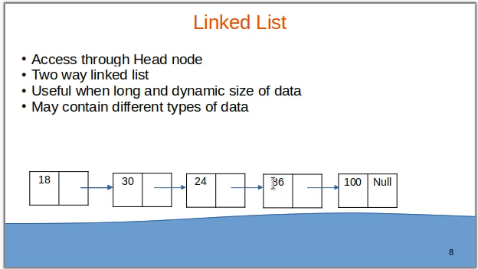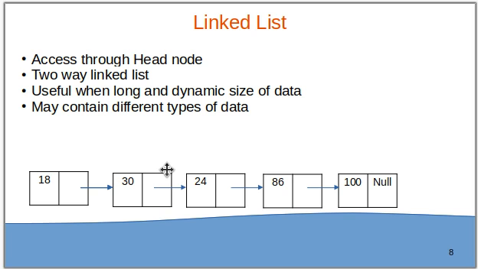So it goes on. In a two-way linked list we can traverse reversely. So we can start from the last node and we can traverse reversely with the previous node, the first cell of this node. So we can get to this node, and the first cell of this node will indicate the address of this node, and so on. It is useful when we have to use long and dynamic size of data.